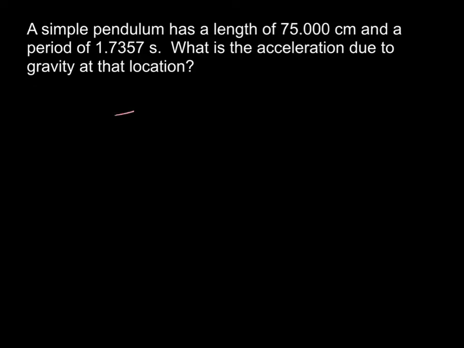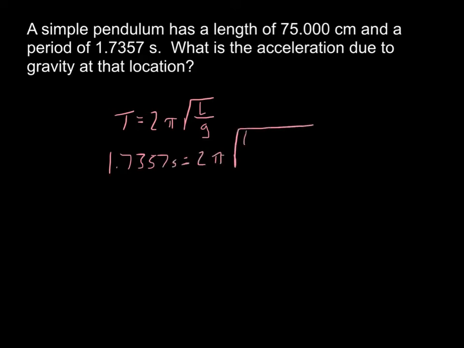We have period equals 2 pi square root of L over g, and there's our equation. So our period, 1.7357 seconds, equals 2 pi times the square root of 75.000 centimeters over g, and we're going to solve for g here.